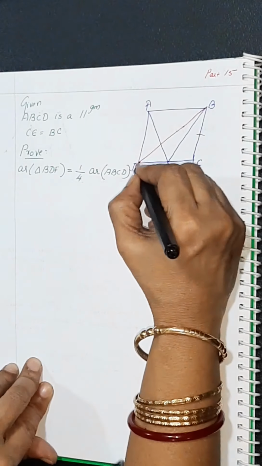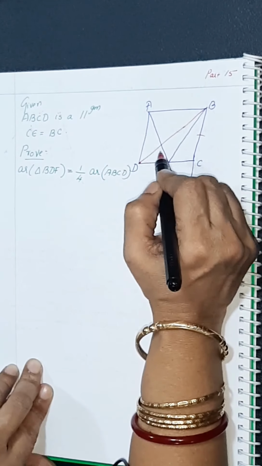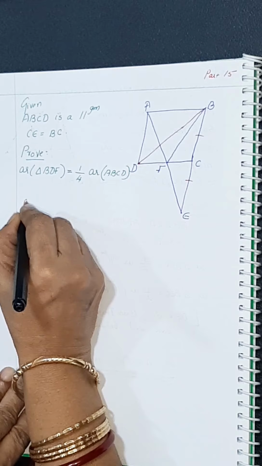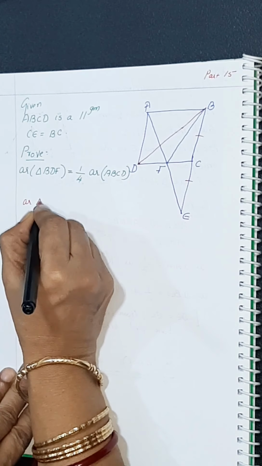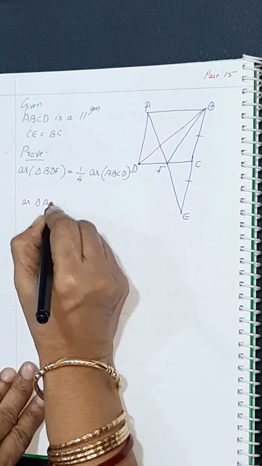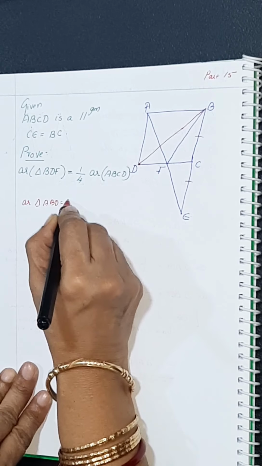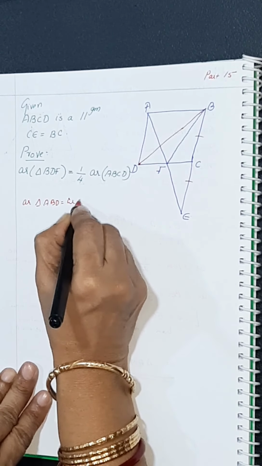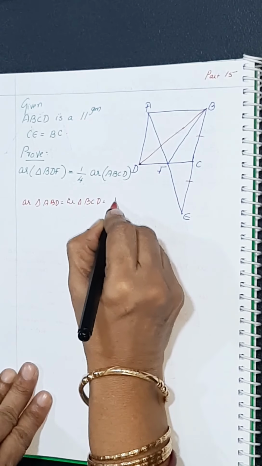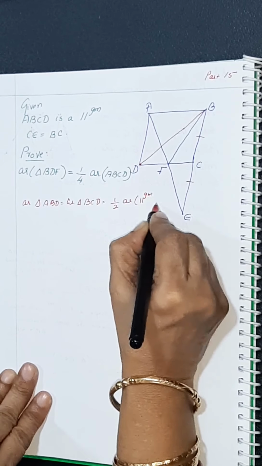Now since BD is a diagonal, we can say a diagonal divides the parallelogram into two equal triangles. So area of triangle ABD is equal to area of triangle BCD, which is equal to half of area of parallelogram ABCD.